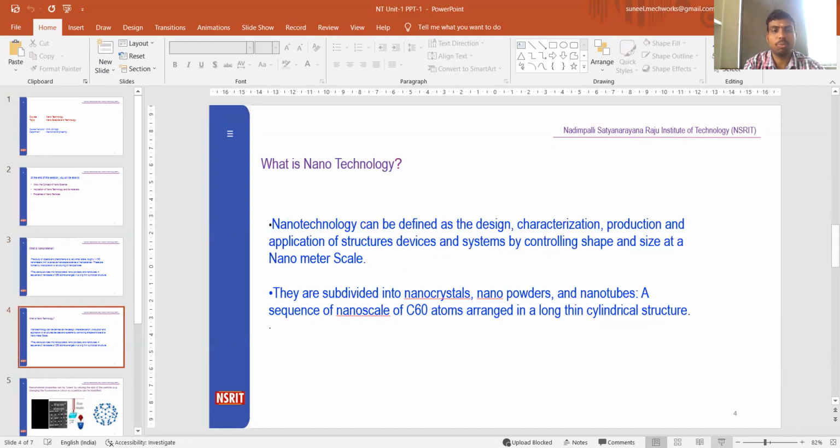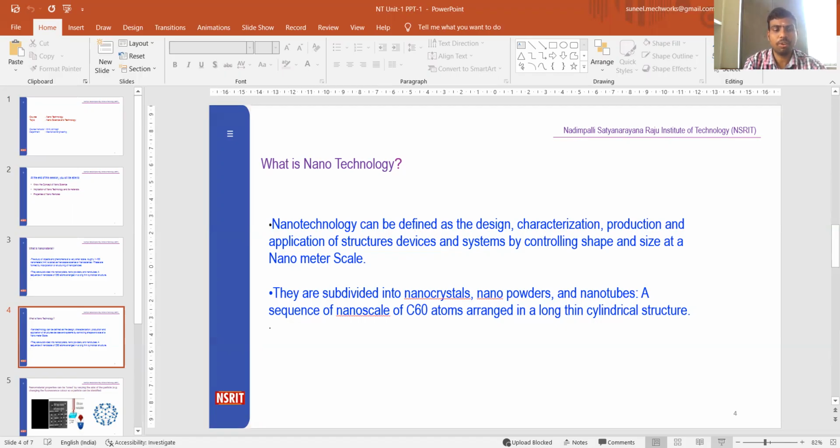So now let us go through what is nanotechnology. In nanotechnology, we are going to deal with design, characterization, production and application, which are going to describe the different mechanical, electrical, electronic or thermal properties which are directly established. So here nanoscience is nothing but an engineering application.